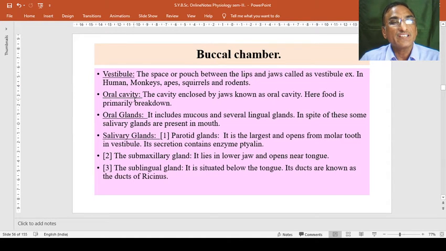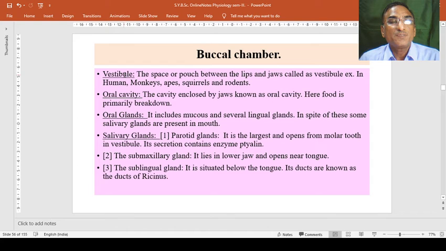Second is the oral cavity, the cavity enclosed by the jaws, known as the oral cavity. In between the two jaws is the cavity, which is the oral cavity. Here food is primarily broken down with the help of teeth on the jaws. Oral glands.